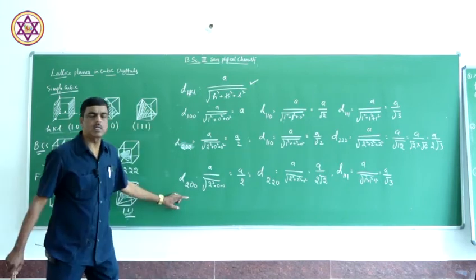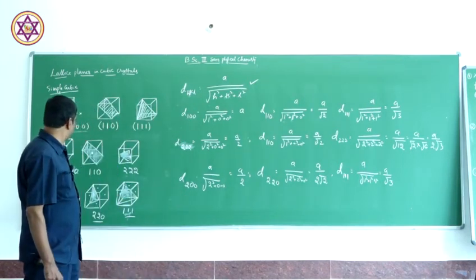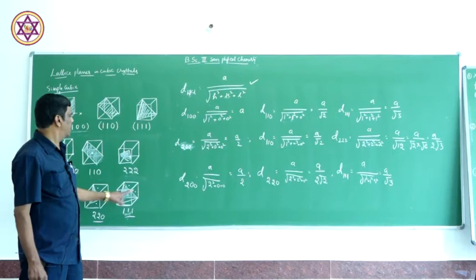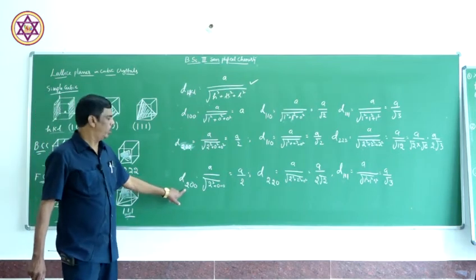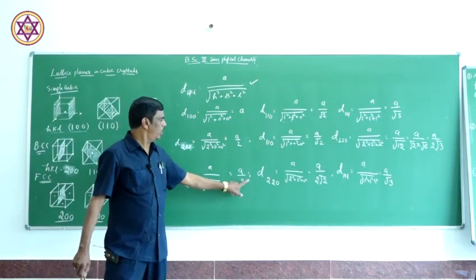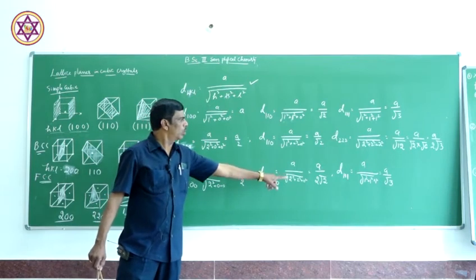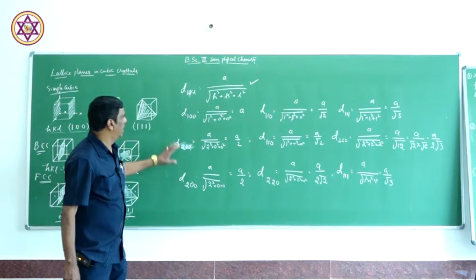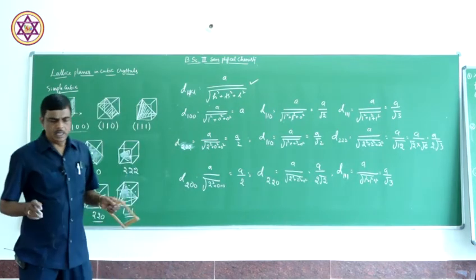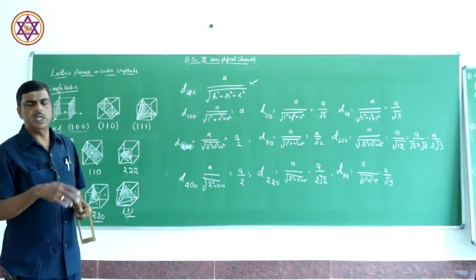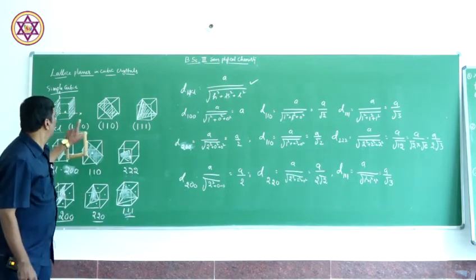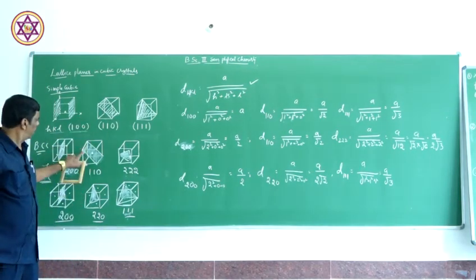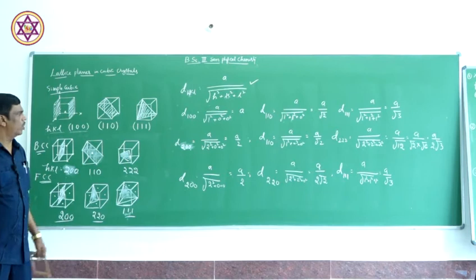Similarly, for the face centered cubic lattice, d 2, 0, 0 plane a by 2, d 2, 2, 0, a by 2 root 2, and lastly we have d 1, 1, 1 plane a by root 3. So, these are the interplanar distances in 3 different types: simple cubic, body centered cubic, and face centered cubic.